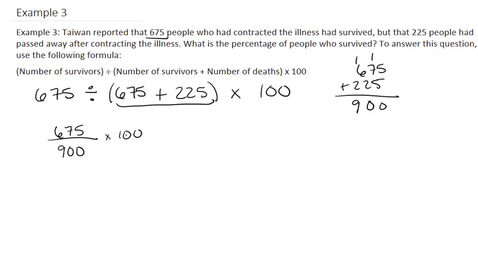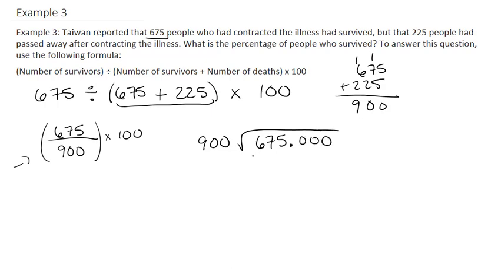So the first step will be to look at this division here. We have 675, and we're going to take 900 and see how many times it goes into 675. We're going to need a couple zeros because we know that 675 is less than 900.